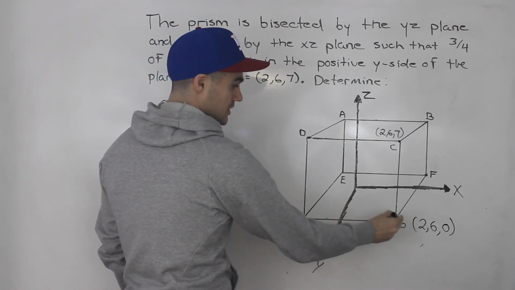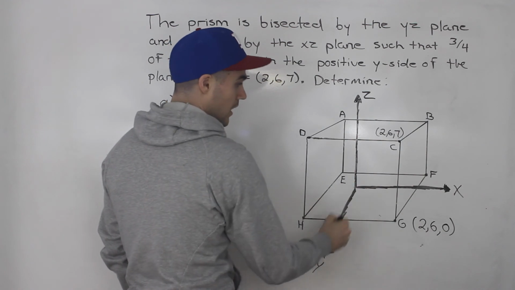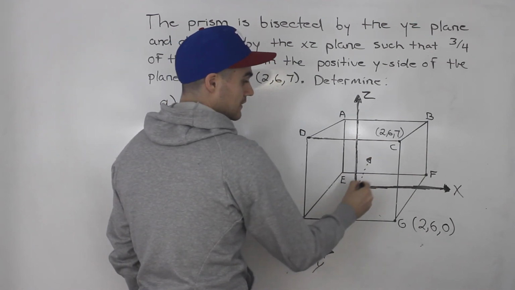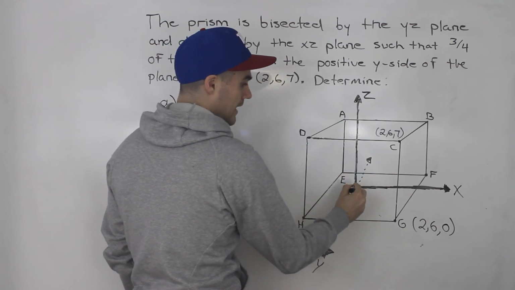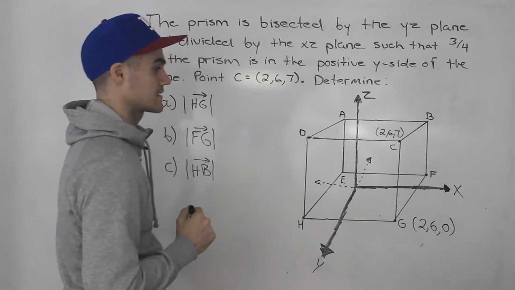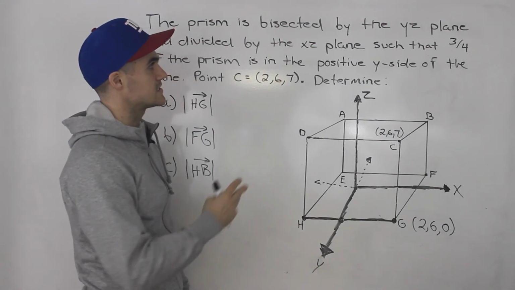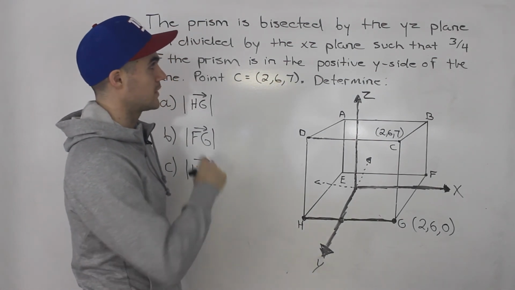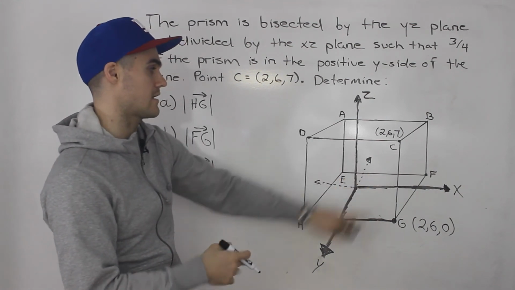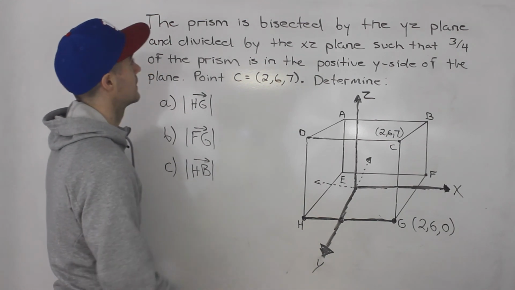This point G is where X and Y are positive, but these axes also extend to the negative side, like the negative Y axis, and here you'd have the negative X axis. So let's reread the question and use the information to find those coordinates H, E, and F on the base of that prism.